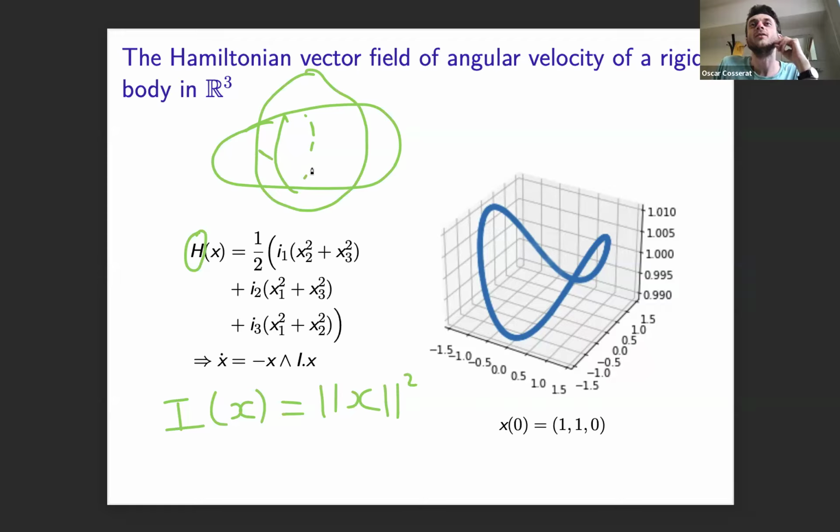So my picture won't be very good anyway. You see that this ellipsoid and this sphere meet at a periodic orbit. So this is one way to prove that the orbit will be periodic.